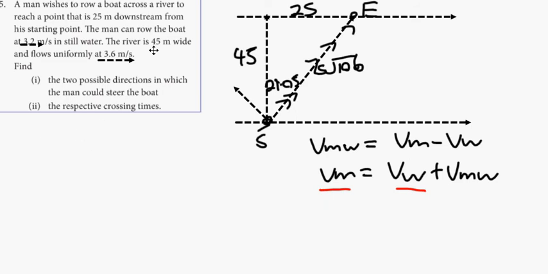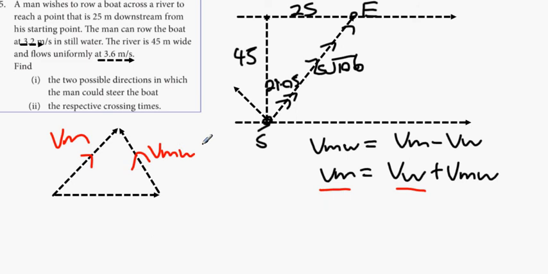We can make this triangle in 2 ways. The first way is that the velocity of the man goes this way, and then we start off the velocity of the water coming this way, and then the velocity of man in water goes diagonal up and left. So that's the velocity of the man, the velocity of the man in water, and this is the velocity of the water.